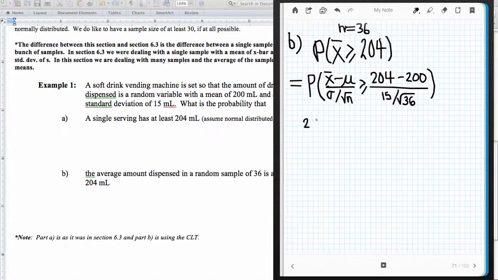Another way to write 204 minus 200 divided by that radical is to write this, and then that being multiplied by the square root of 36. So the value that we got before, the 0.27, that one actually gets multiplied by 6. So this is actually looking at a value that's about 1.3.